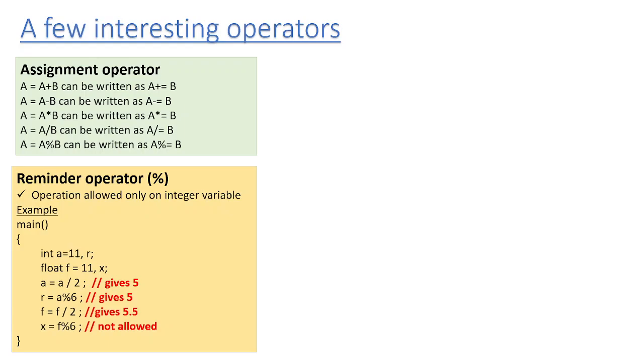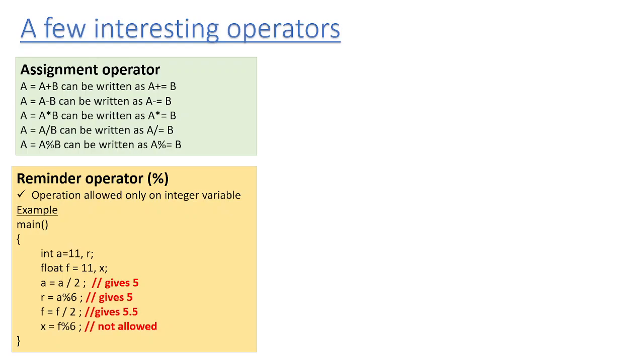Now we are trying to perform these four operations. a equals a divided by 2. a being an integer, the division by 2 will give the result 5. Now the second line, r equals a remainder 6. a being an integer with value 11, 11 remainder 6 will give the value 5.